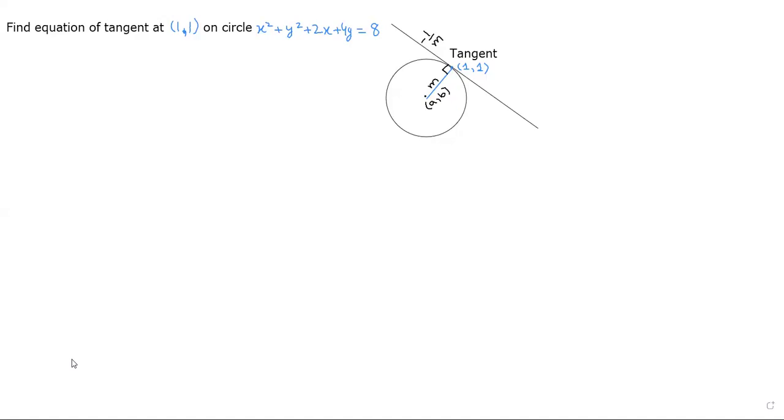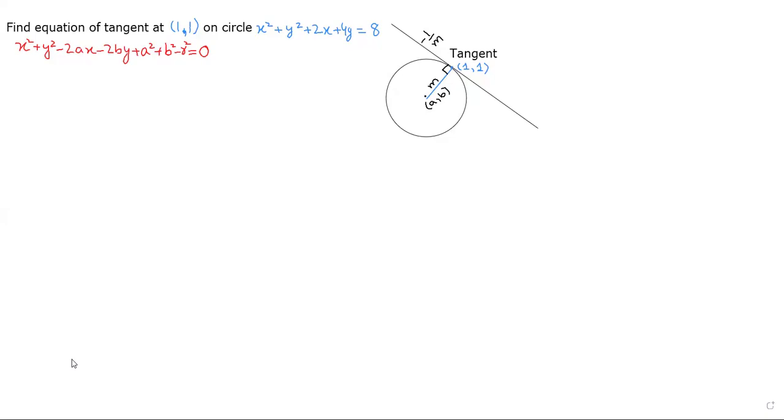My formula, which is already written over here, will be x square plus y square minus 2ax minus 2by plus a square plus b square minus r square equals to 0.